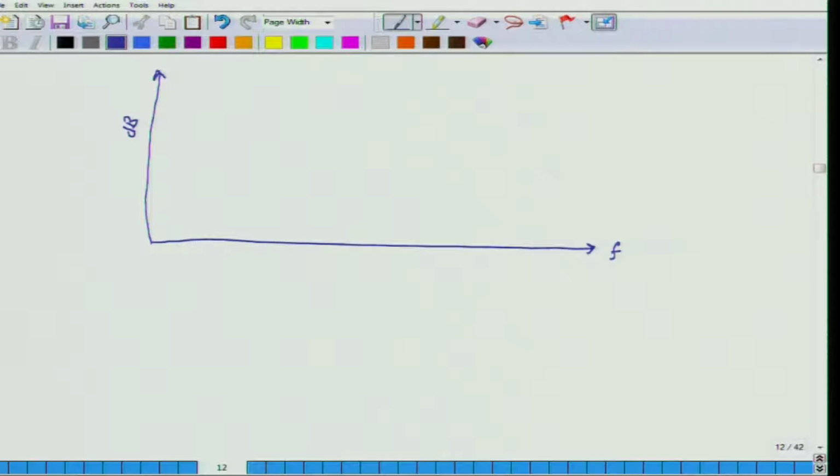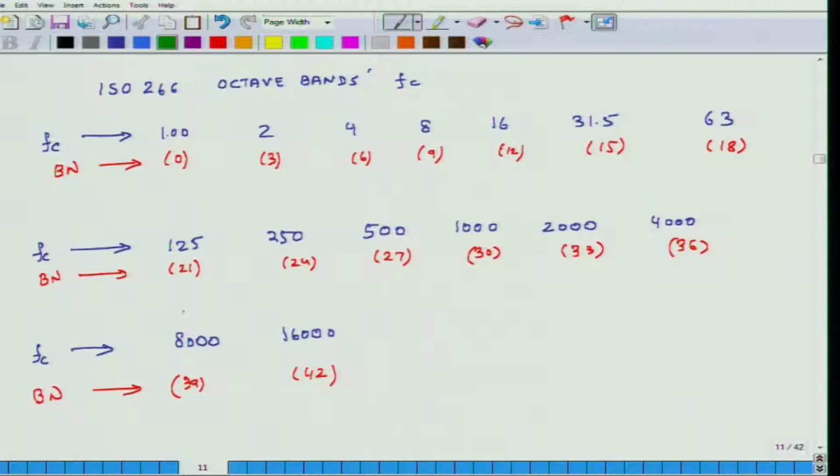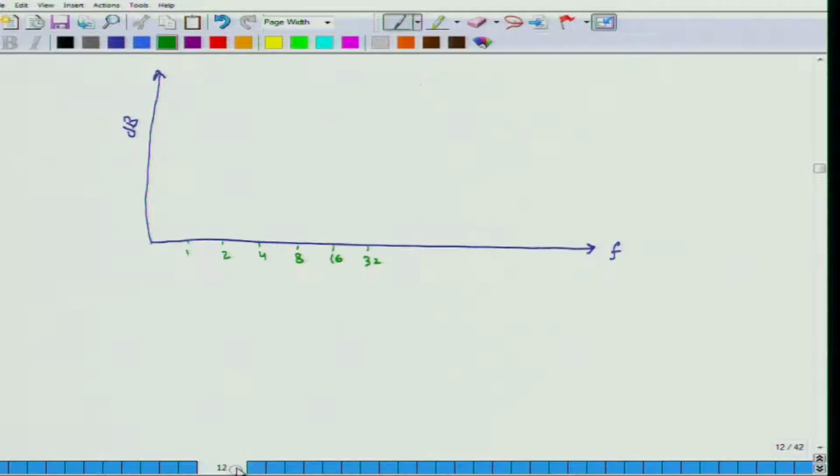So what you do is first list them: 1, 2, 4, 8, 16, 32, or was it 31.5? 31.5. I am going to round off here, but it should actually be 31.5, 63, and so on and so forth.